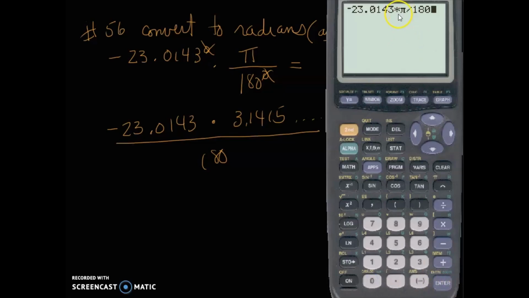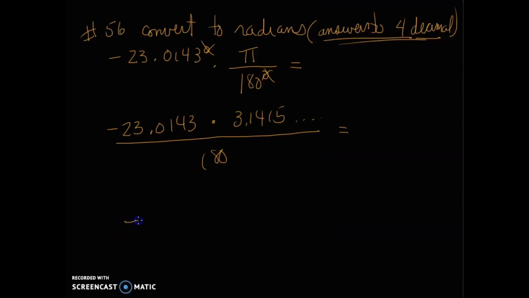So use your calculator's approximation for pi, and it gives you the negative 0.40167. See, I said 4 places. Negative 0.4016.